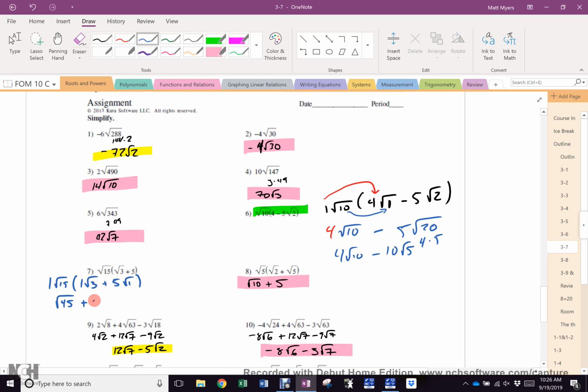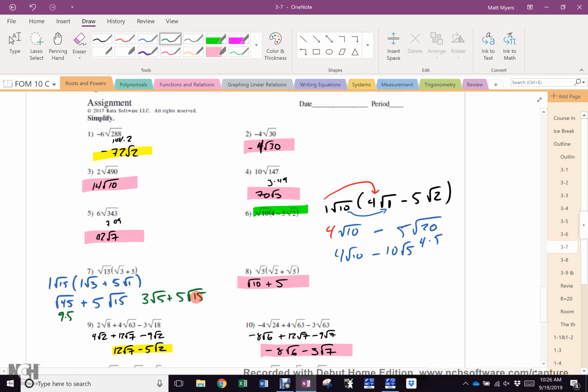Plus 1 times 5 is 5. 15 times 1 is 15. And then that one simplifies, right? Because that one is 9 times 5. Square root of 9 is 3. So I end up with 3 root 5 plus 5 root 15. Because 15 doesn't get any simpler because it's 3 times 5, no pairs.